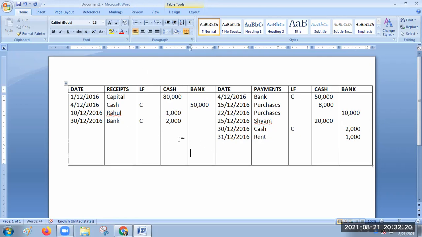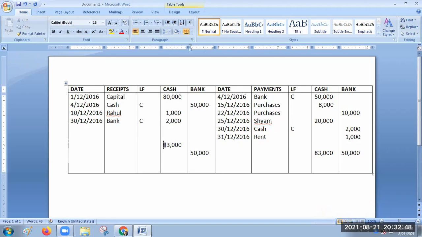What is the amount? 83,000 will come. Here it is 50,000.